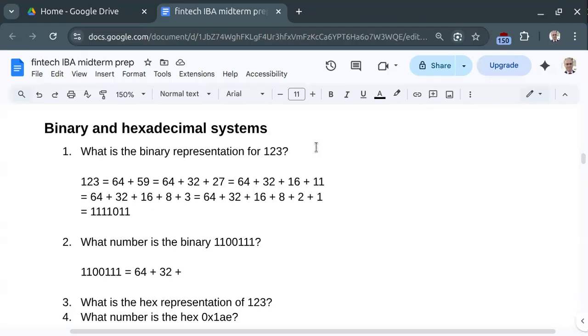There is no 8 because there is a 0 in place of 8. And then there's a 4 plus a 2 plus a 1. So if we add all these numbers together, that'll be 96 plus 7, 103, if I haven't made any mistake.